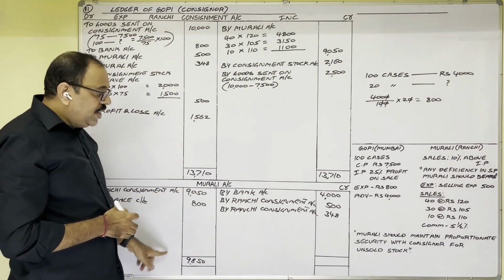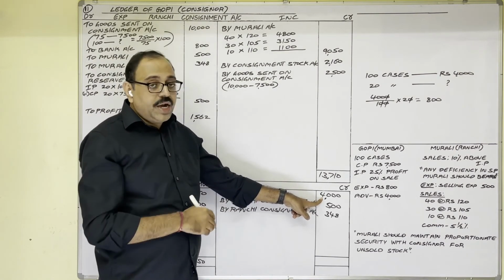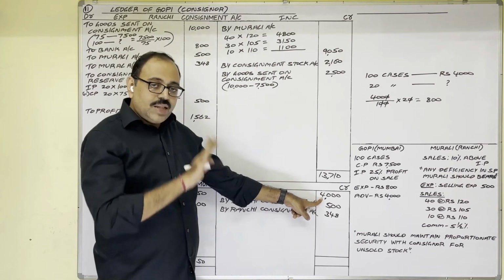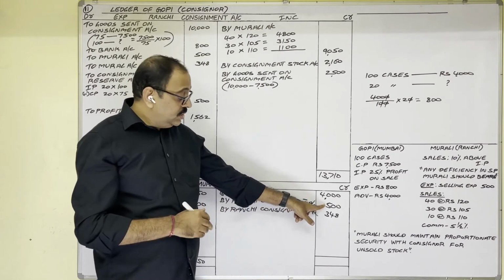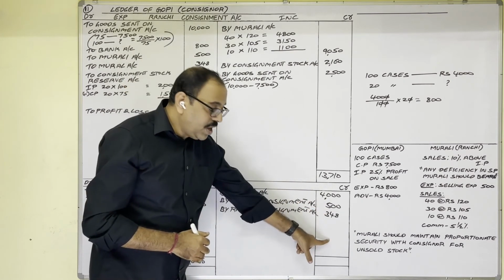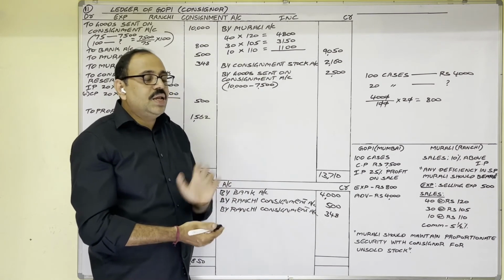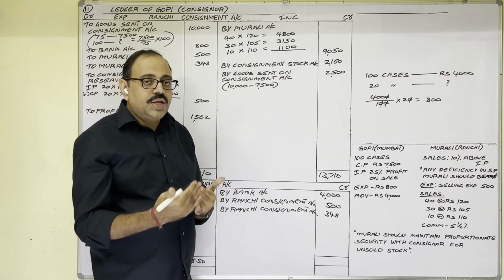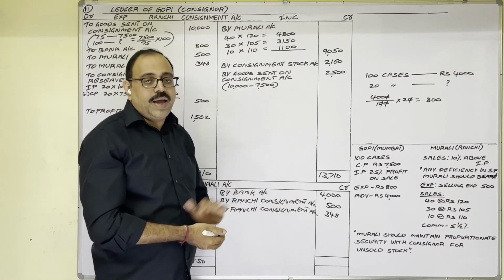From this, he deducts advance because on 100 goods already he paid advance, no? 4,000. That amount he deducts. His expenses 500 he deducts. His commission 348 he deducts. Remaining amount consignee paid to us. How? In the question it is clearly given, consignee settled his account through a check. Therefore, for that remaining amount we have to write bank.